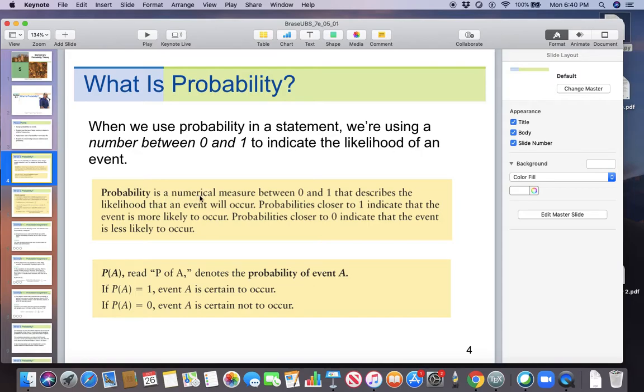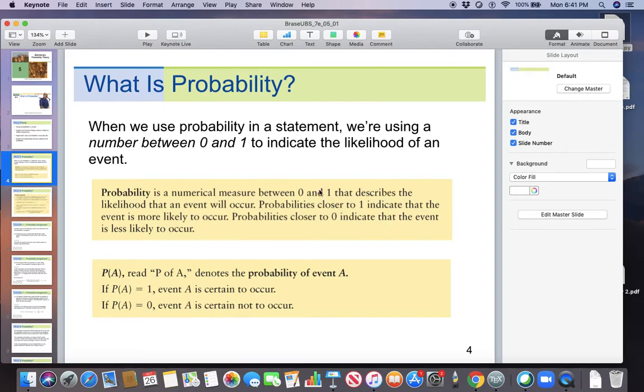Probability is a numerical measure between 0 and 1 that describes the likelihood that an event will occur. Probabilities closer to 1 indicate that the event is more likely to occur. Probabilities closer to 0 indicate that the event is less likely to occur.